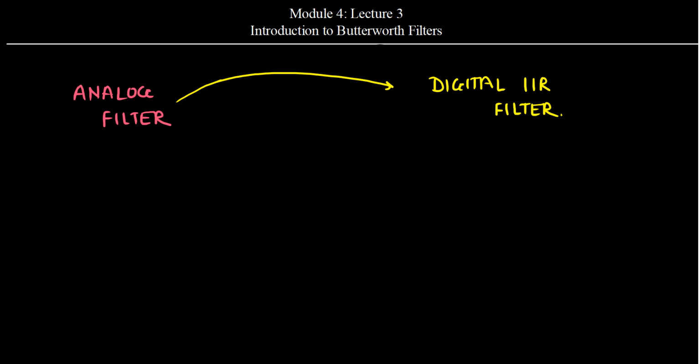So in other words, the first step of designing digital IIR filters is basically designing these analog filters.